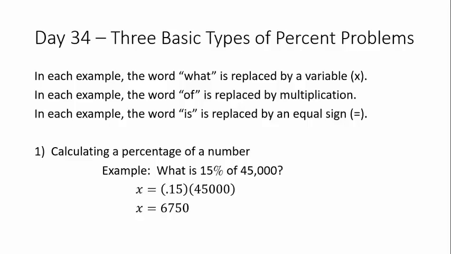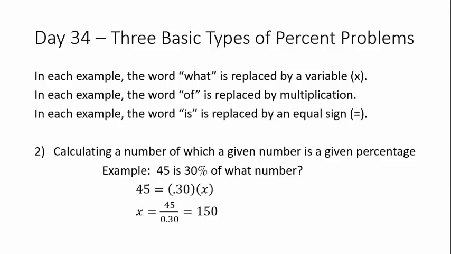Of means multiply, and then we have our 45,000. So the verbal statement is replaced by symbols to give us x equals 15 hundredths times 45,000. When we multiply, we see that x is equal to 6,750. 6,750 is 15% of 45,000.